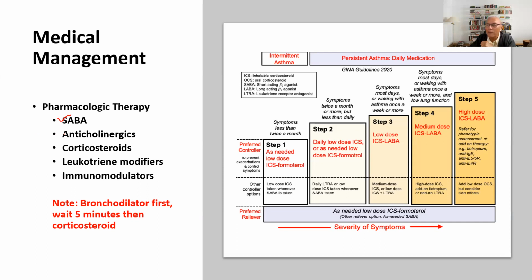An example of anticholinergics would be ipratropium, also known as Atrovent. The other one is tiotropium, but tiotropium is a long-acting anticholinergic. This is what's called Spiriva. So those are your anticholinergics.